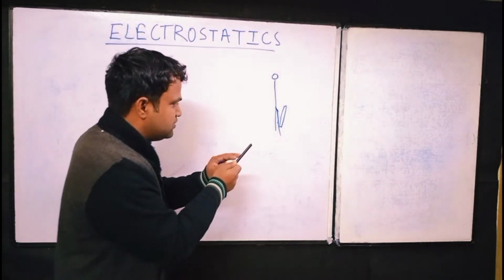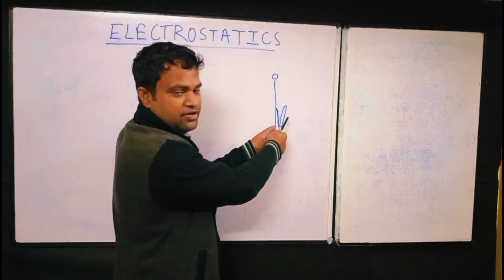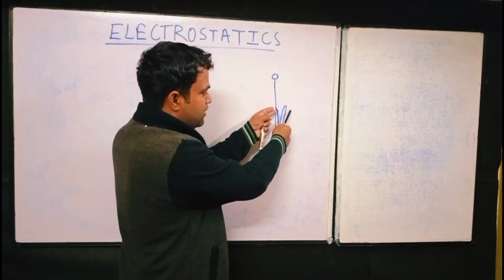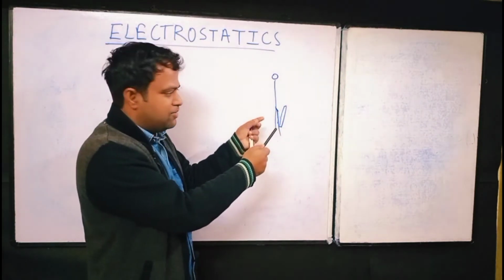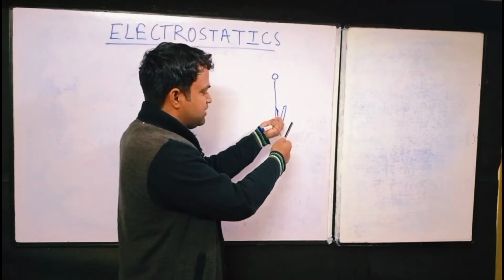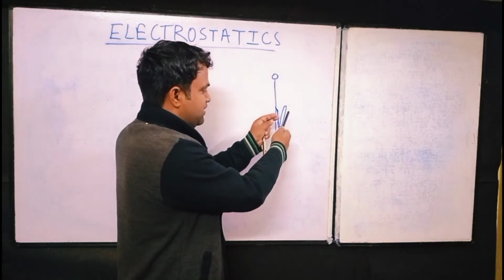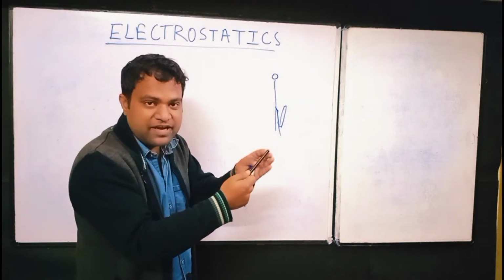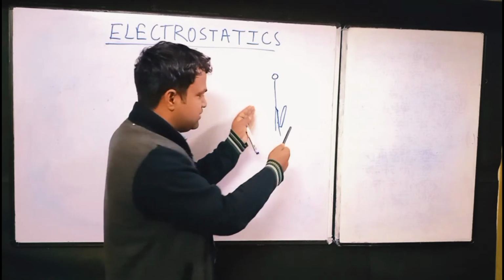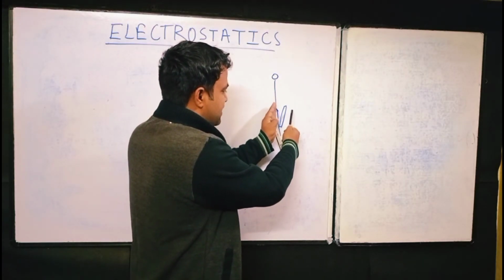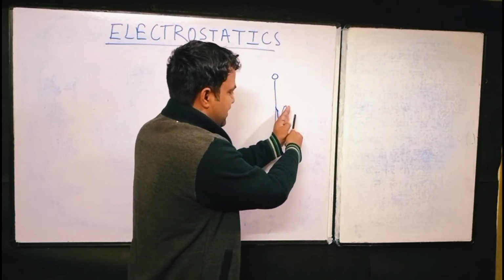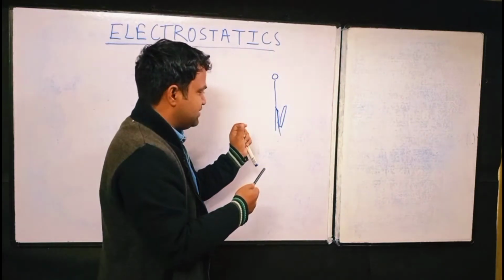So when I brought this object towards the flowing water, the water is a polar molecule, and due to the dipole moment, it has polarity. So the static charges created an electric field, and to that field, this dipole molecule is attracted, right?